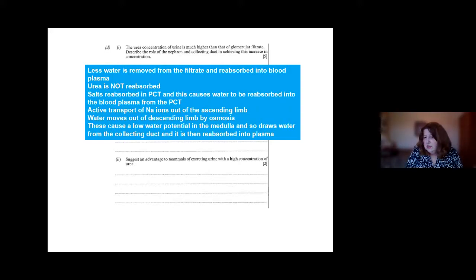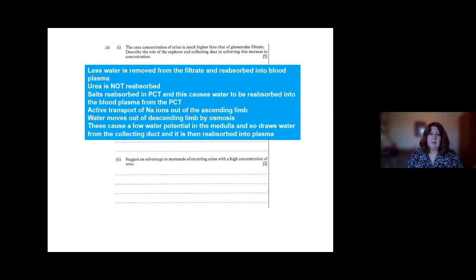Water moves out of the descending limb by osmosis, and that causes a low water potential in the medulla, and so draws water from the collecting duct, and then it's reabsorbed into the plasma. All of that causes the urea that is still in the filtrate to be concentrated because there is less water there. And then: suggest an advantage to mammals of excreting urine with a high concentration of urea.